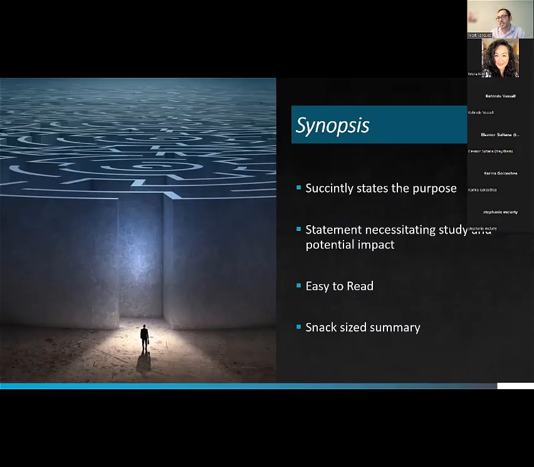There's a lot to read, there's a lot to digest. And the synopsis is really helpful, not only for the newcomer, but because it gives us a snack-sized summary of what the protocol is about. So when somebody approaches you and asks, hey, what do you do? What kind of a study are you on? The synopsis is a good place to refer to for a potential answer for that.